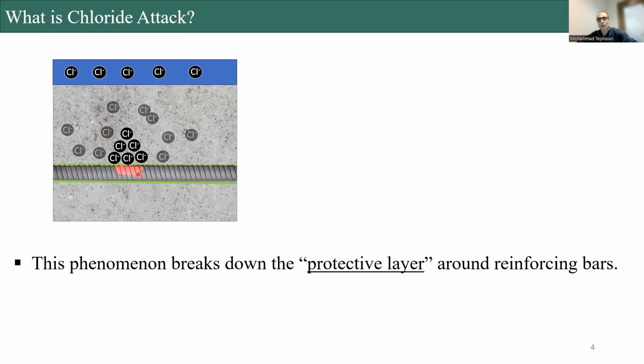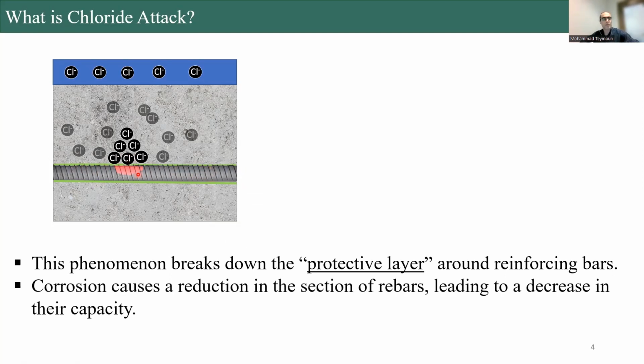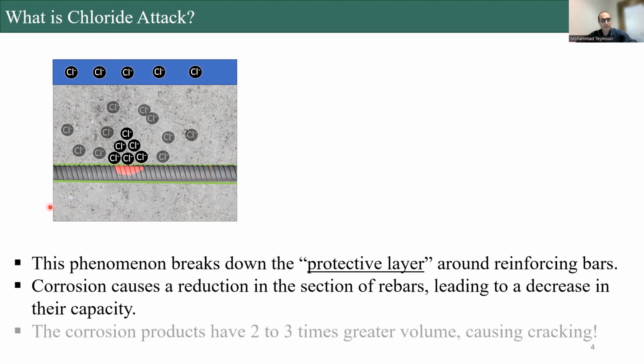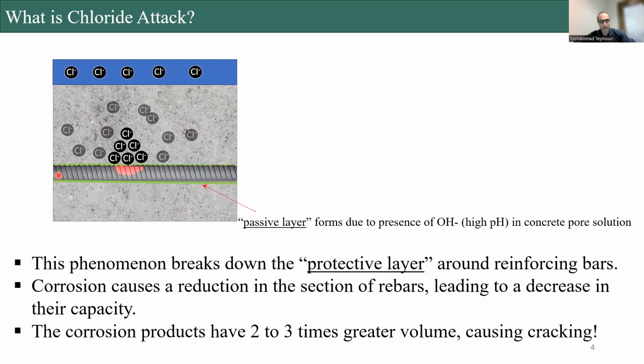It's pretty important for us because it can protect the rebars from corrosion. The next problem is that after the corrosion, we will lose some section or cross section of the rebars, meaning we will lose the capacity of our structure. And also the corrosion product has 2 or 3 times greater volume compared to the original products. It means that we have cracking in the concrete.